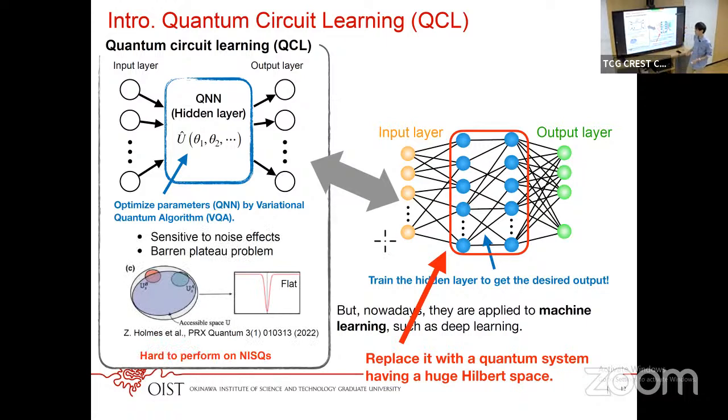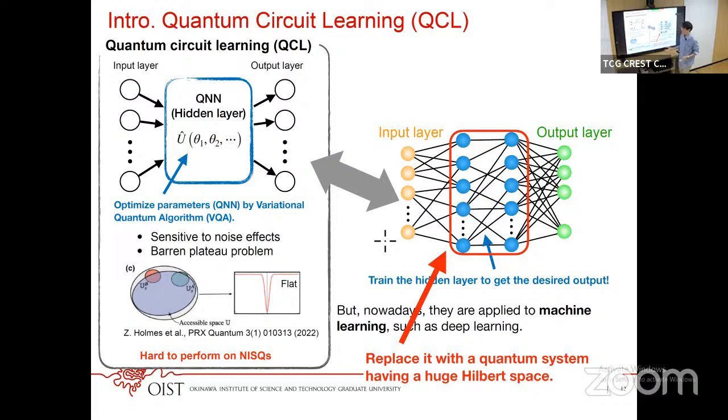But the problem of VQA in quantum circuit learning is that it's sensitive to the noise effect. It is also known to have the barren plateau problem. I'm not sure how many people are familiar with the barren plateau problem. Briefly, if the expressibility of the quantum circuit is increased, so that the circuit covers almost the whole space of unitaries, then the cost function used to optimize the parameters becomes very flat.